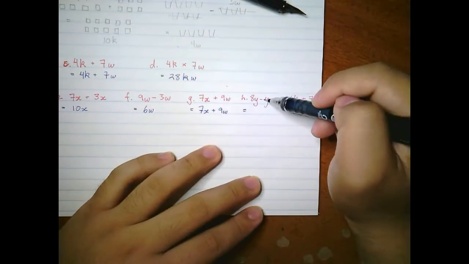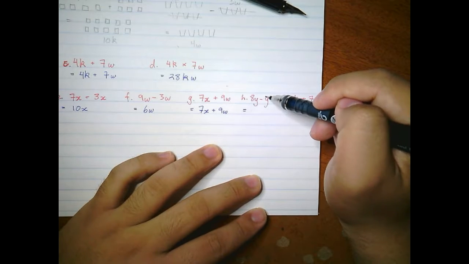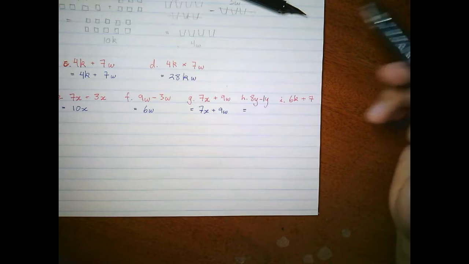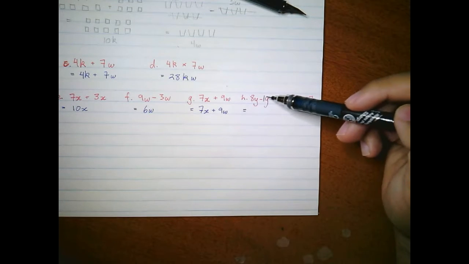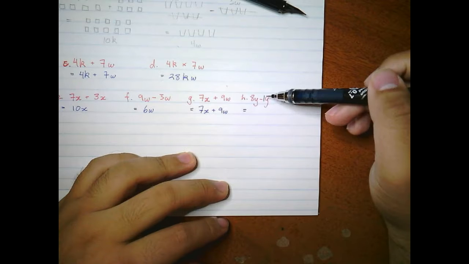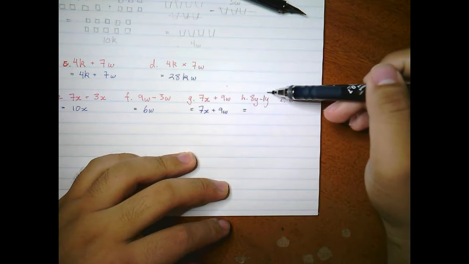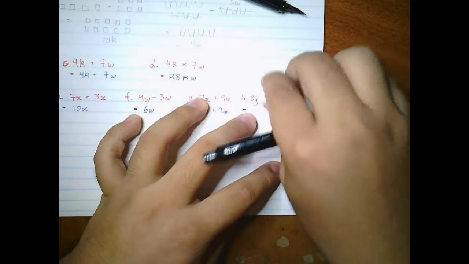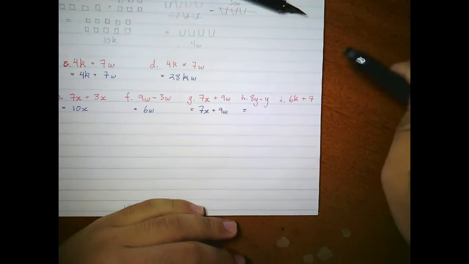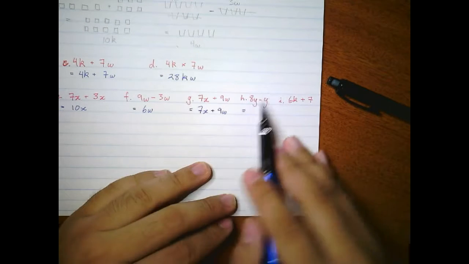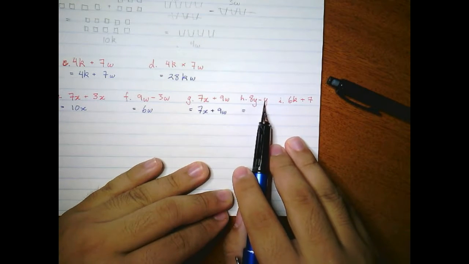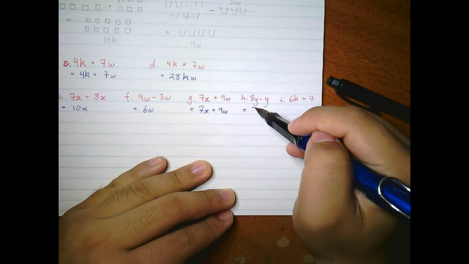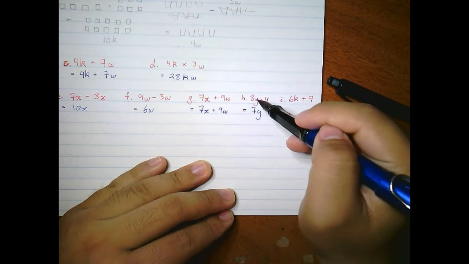If you have a letter on its own, there's actually a secret number 1 there. It's actually 8y minus 1y, but in mathematics we don't write 1y, we just write y. So 8y minus y is 7y, because it's 8 minus 1.